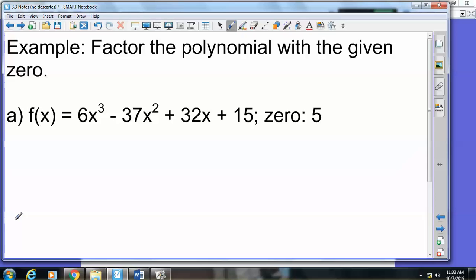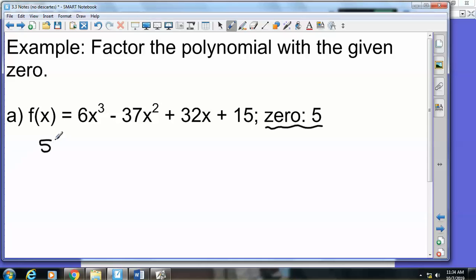So, our first step, I am going to give you a starting point. Here is my function, and I'm giving you a hint. I'm telling you that 5 is a 0 of this function. That means that x minus 5 divides it evenly. So what we are going to do is start with that 0 and do synthetic division with that.